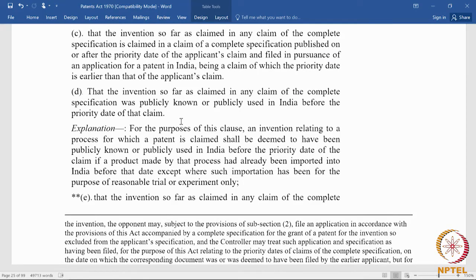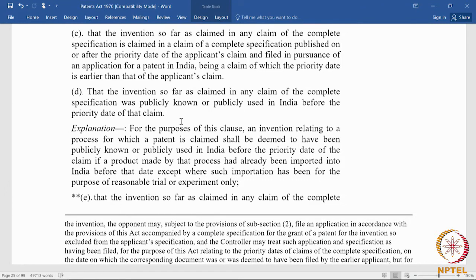But in patent law, we understand that there is a dormant period, the period during which the application is not published. Normally it is 18 months, that is the default dormant period. But the dormant period does not affect the priority. Though the application is not published, still the priority is preserved.